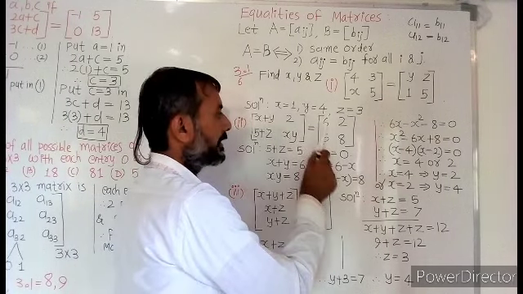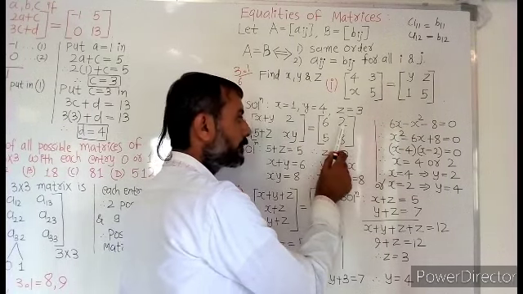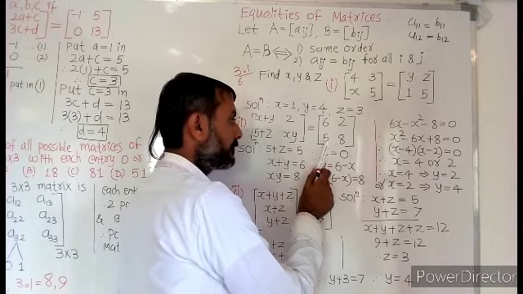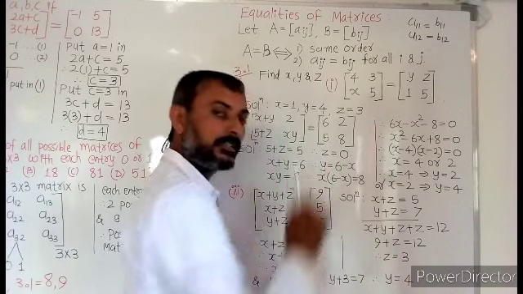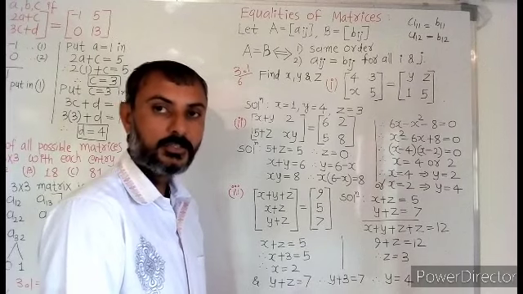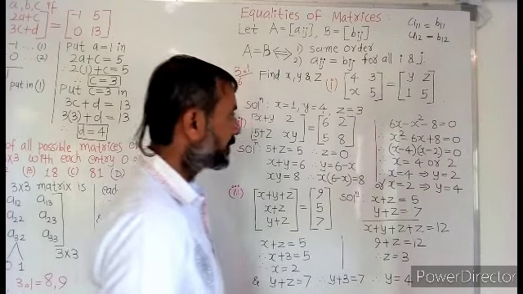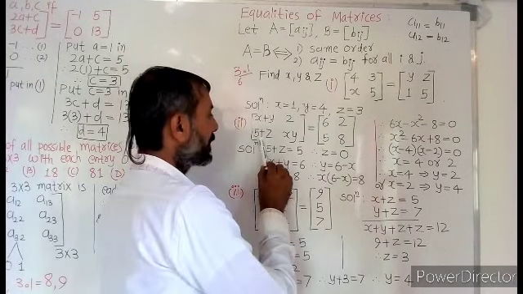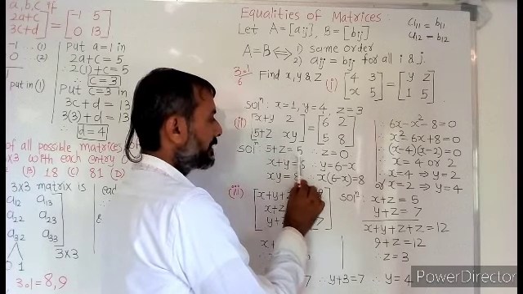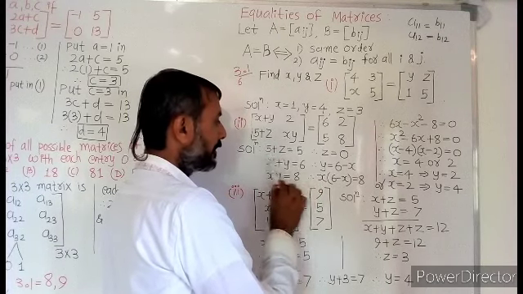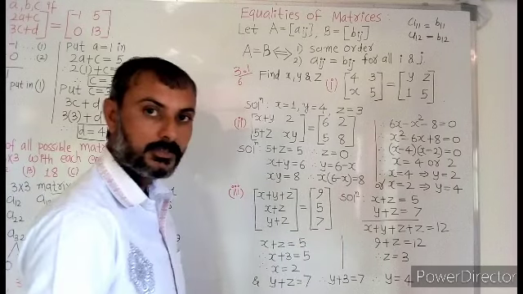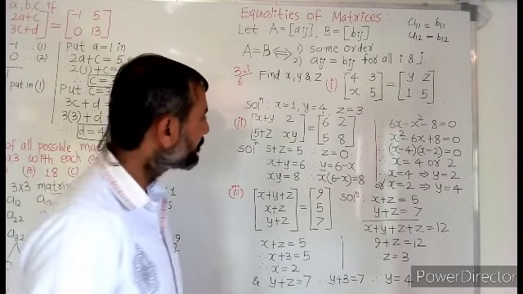So x plus y equals 6, 2 equals 2, 5 plus z equals 5, xy equals 8. We have four equations. Let's solve one by one. First, 5 plus z equals 5. 5, 5 cancel, z equals 0. So we get the value of z is 0.